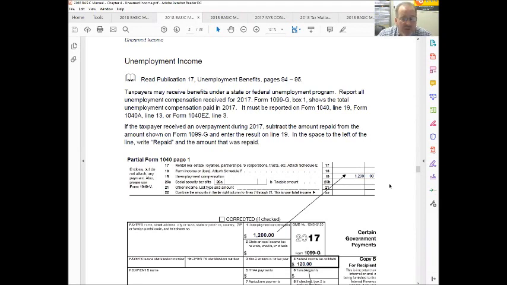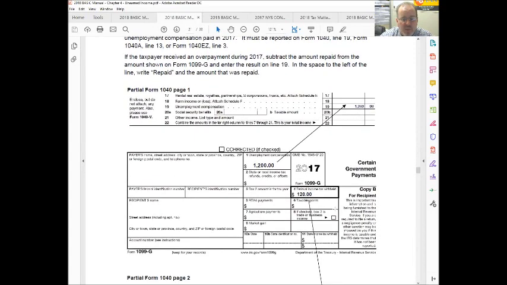Well, they lost their job, they were out of work, and their unemployment paid them the full 26 weeks maximum, so they may have $10,000 or $11,000 worth of unemployment income. That is not earned income, okay? So that does not get the earned income credit. Unemployment is unearned income, and you must report it.